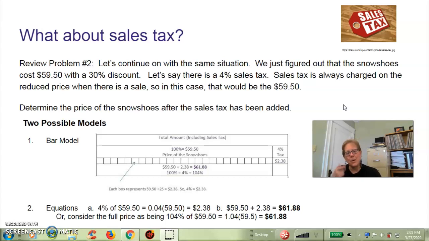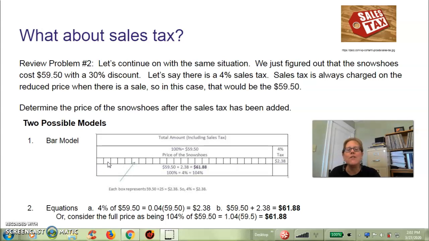All right, so first thing I did is I tried to figure out, well, what's a good bar model for this? 4%, 4%. So I'm thinking, well, how could I get the 100 divided down into little bits of 4? I'm like, here we go, 100 divided by 25. That's 4. So what I've done is I've got 25 little boxes here.